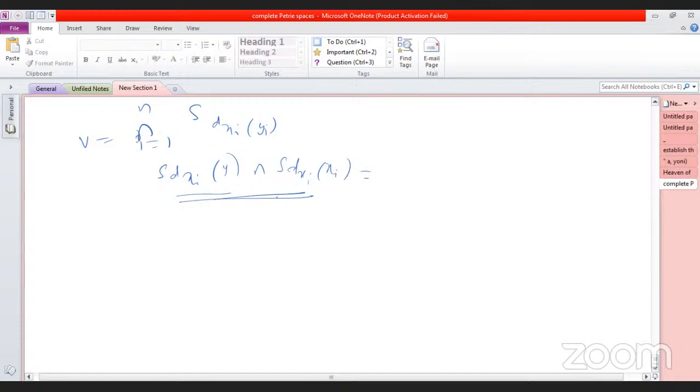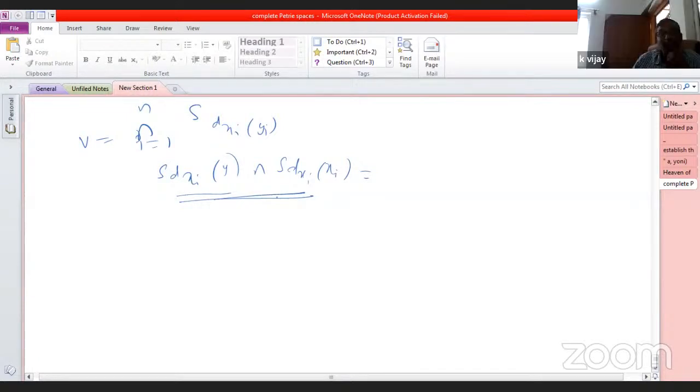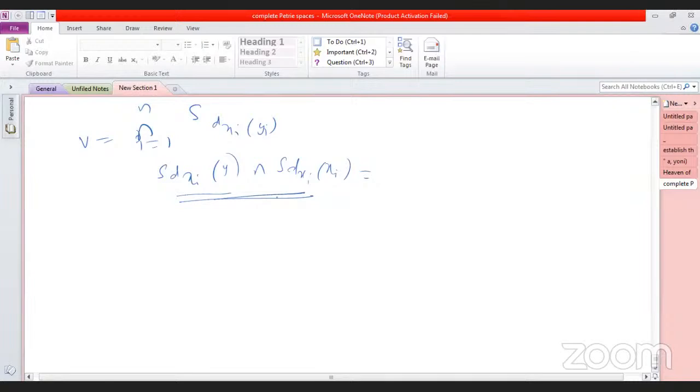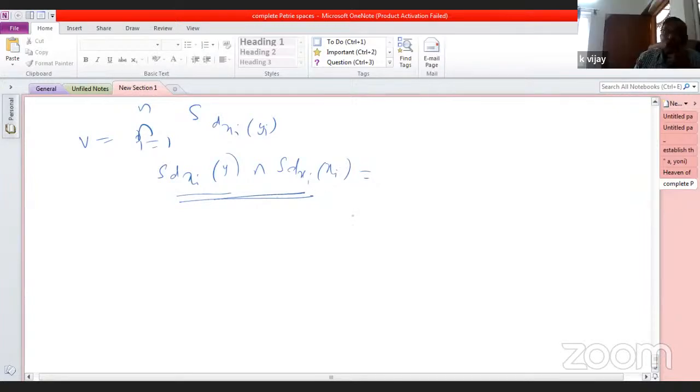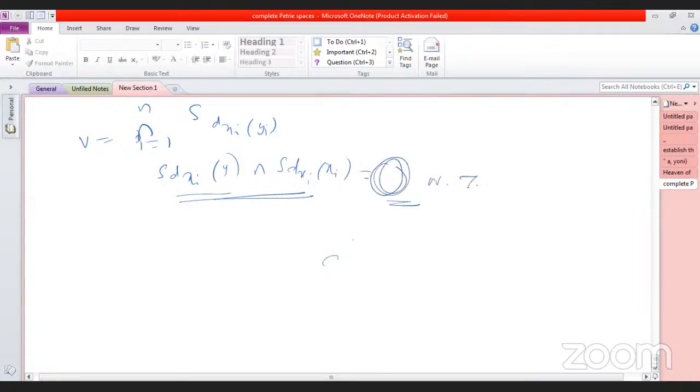Intersection elements x_i and d(x_i). Yeah, so intersection means x_i, I think. What is this value? Why am I asking? What is this value? It is 0 or pi.